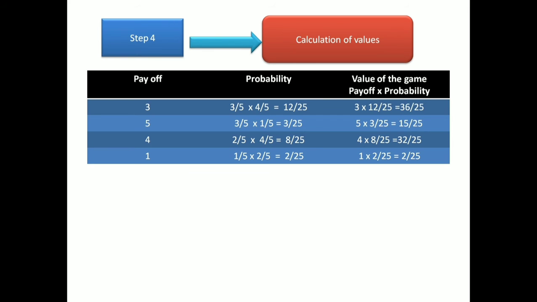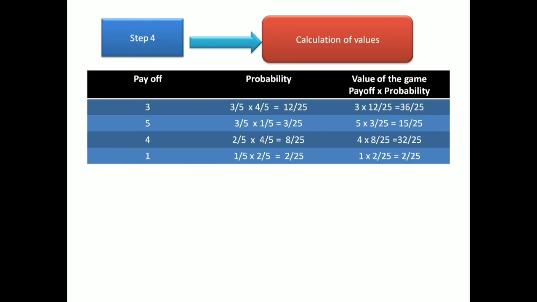Let us take the second one. In case of payoff 5, the probabilities are 3 by 5 and 1 by 5. You multiply 3 by 5 into 1 by 5, that is 3 by 25. Then you multiply that value by 5, that is 5 into 3 by 25, equal to 15 by 25. Then you take the value 4, the probabilities are 2 by 5 and 4 by 5.